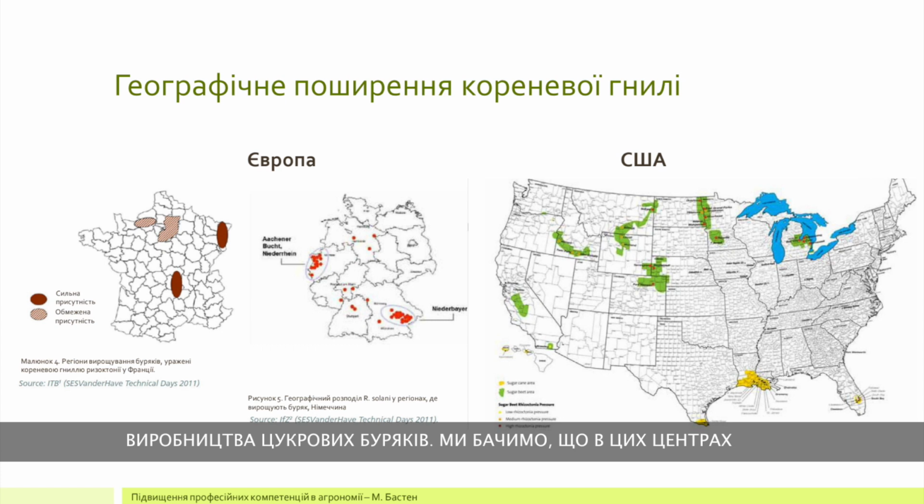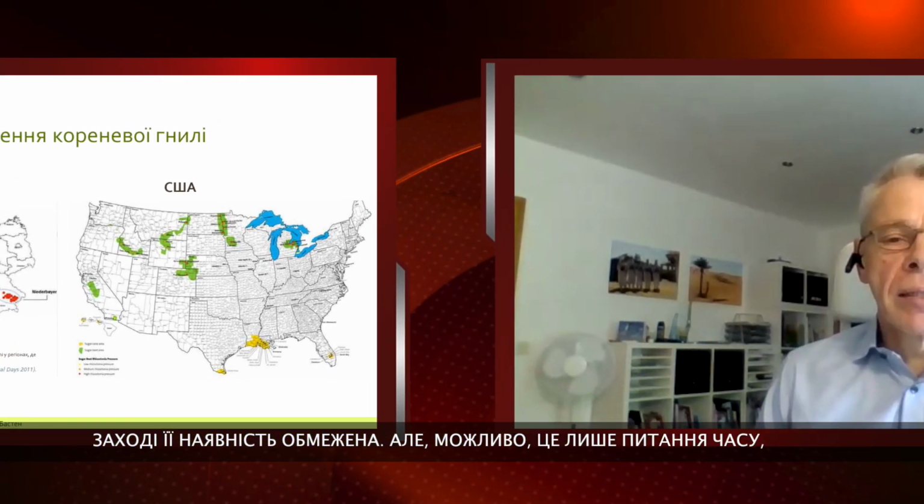And we see that in those centers, we have a strong presence of root rot, and there are some others in the west, northwest also, where the presence is limited, but maybe it's just a matter of time before we have more severe problems in these areas. Because the threat grows with the inoculum in the soil, with the availability of fungi, hyphae, mycelium, and so on, and this accumulates over time.